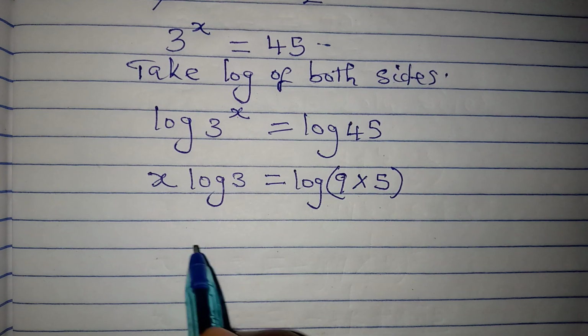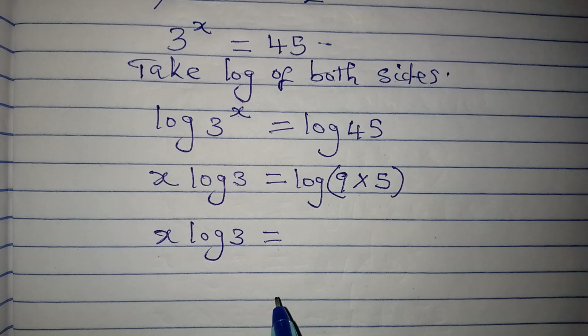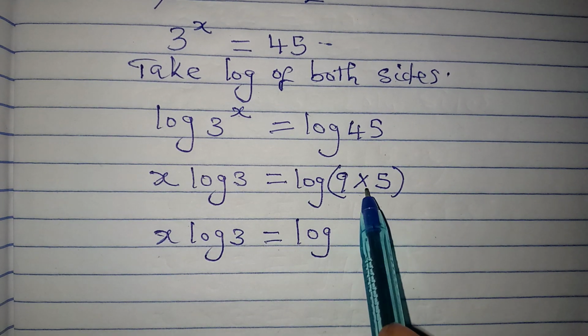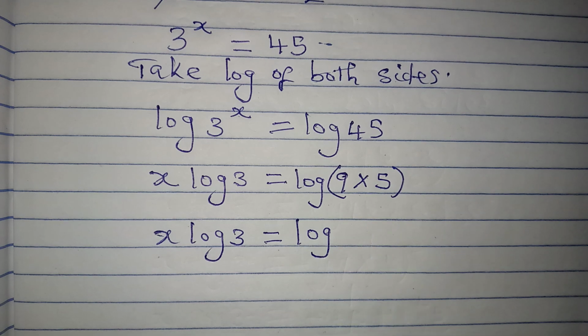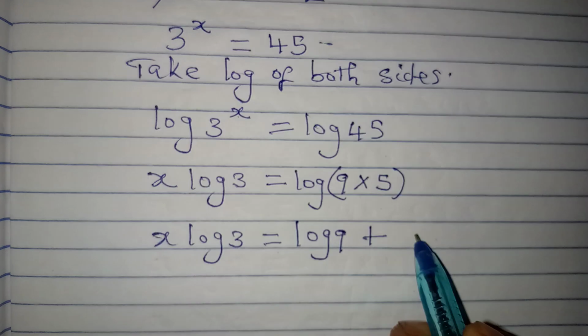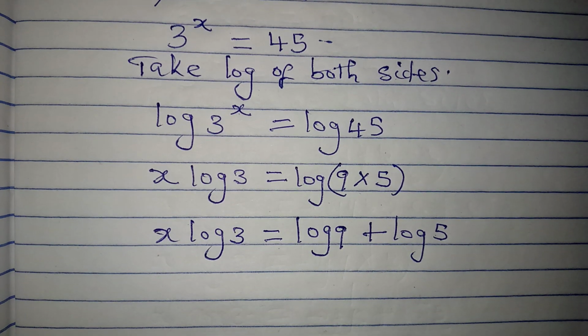Then you have x log 3, which will be equal to, according to the law of logarithm, if you multiply, then you're adding the logs. So we have log 9 plus log 5, right?